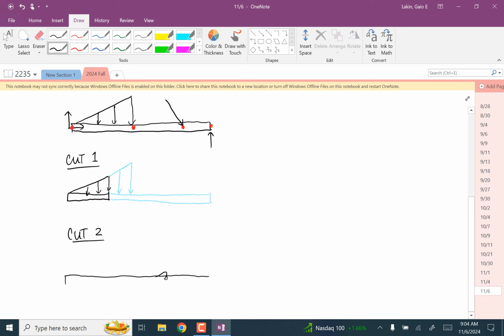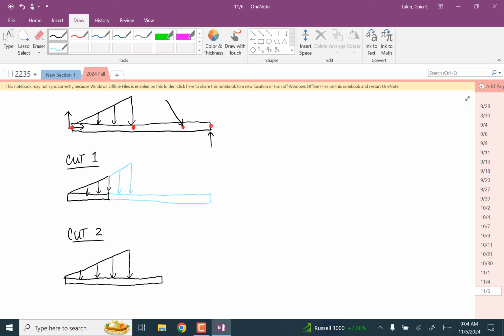So your second one is going to go past the end of this whole distributed load, but not get to that point force.